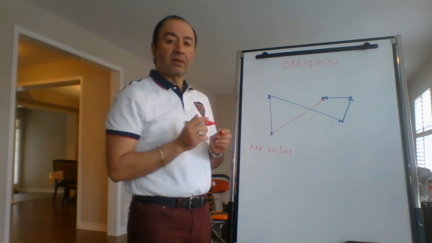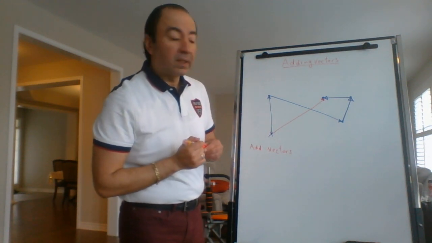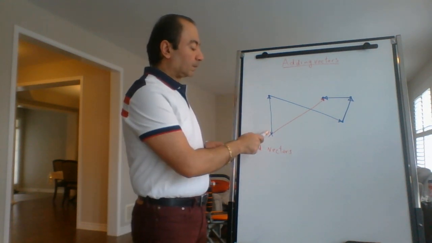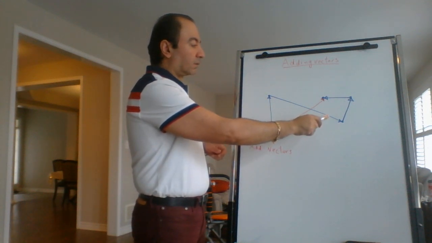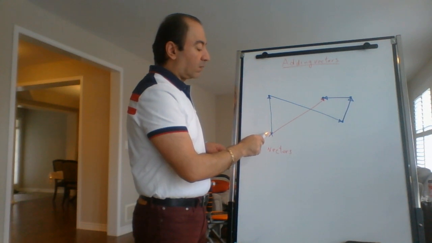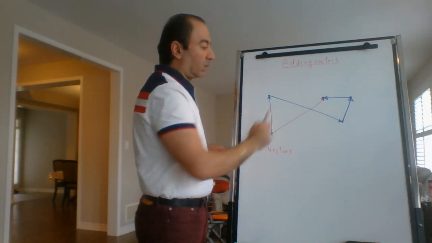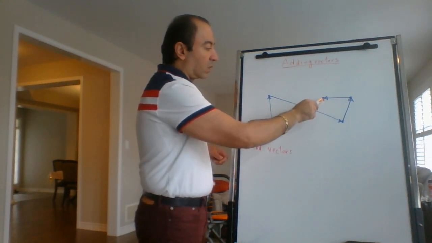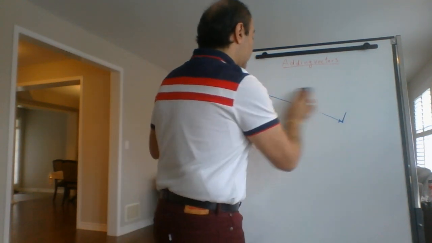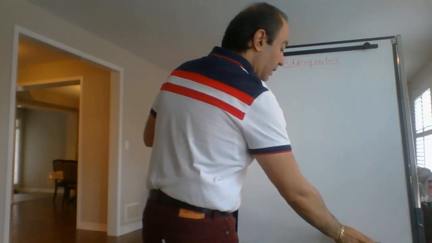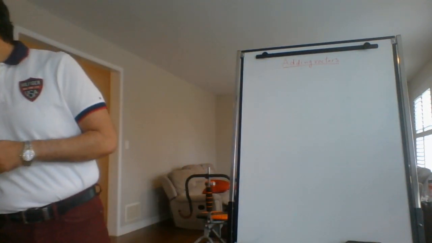So again, to add vectors, we arrange vectors head to tail. Then we connect the tail of the first to the head of the last, and the arrow closes the shape.